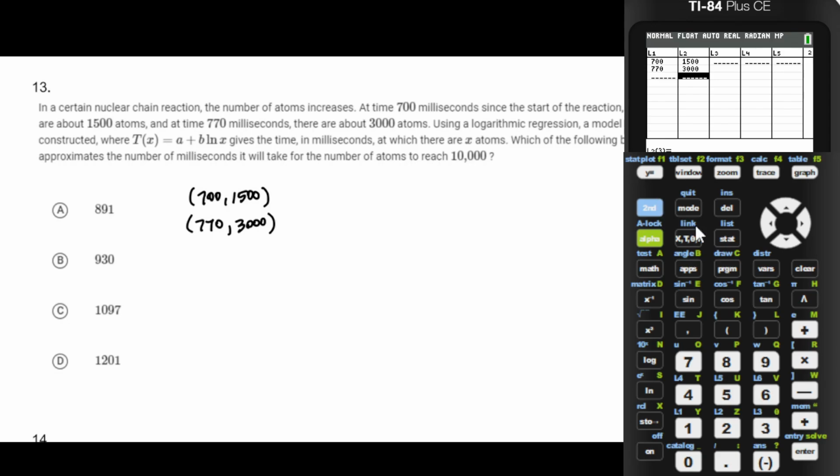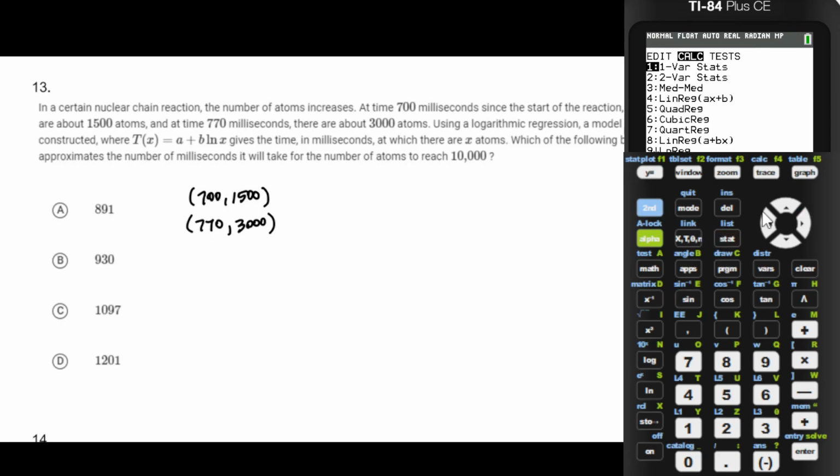And then I'm going to calculate a log regression. That's option 9. I'm going to click y1, and then we're going to calculate. All right, great. R squared equals 1. Well, yeah, there's only 2 data points.